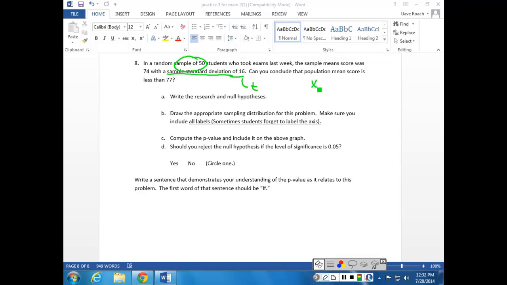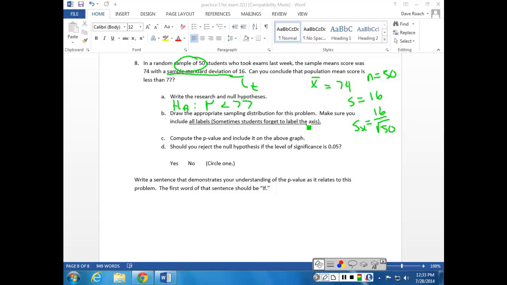So we have x bar equal to 74, n equal to 50, standard deviation equal to 16, standard error, I'm not writing the formula out now, but it's going to be 16 divided by the square root of 50. Our research hypothesis or alternative hypothesis is going to be mu less than 77.